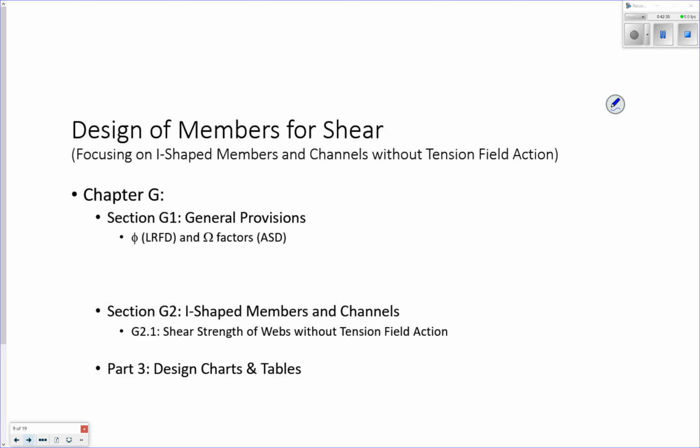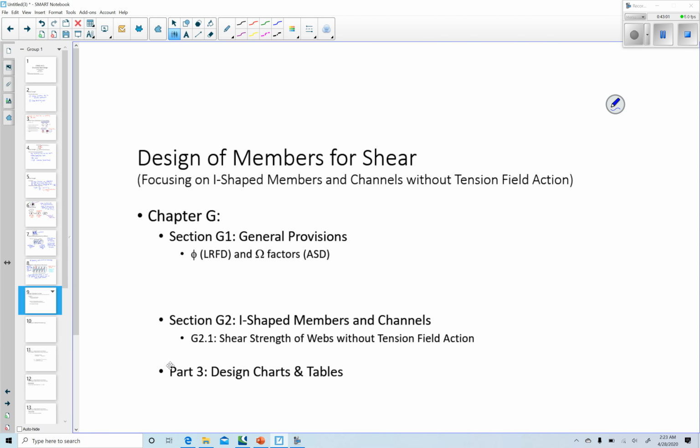So shear in the manual, if we're looking back in the spec, we're going to go look at chapter G. And even though we just did all that talk about tension field action, we're going to stick to G2.1.